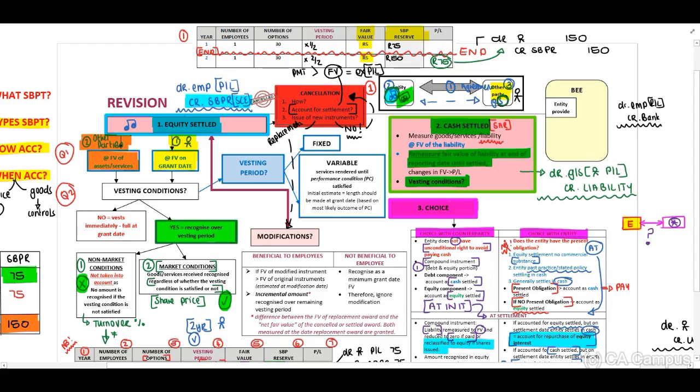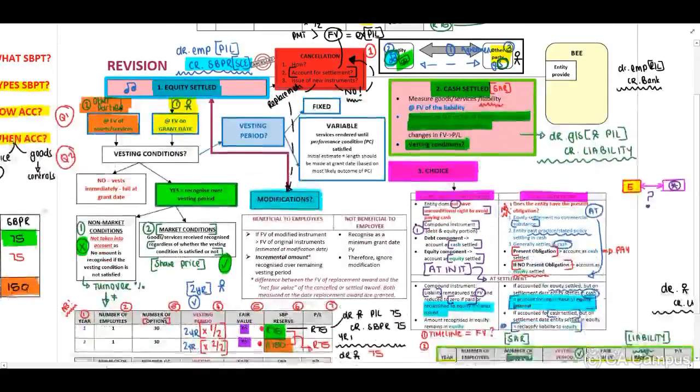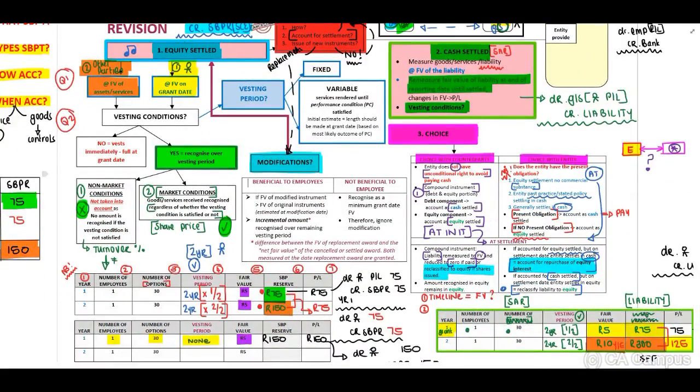Now I want you to please refer to the modifications, which form part of our equity settled transaction. Again, this light blue box in the middle of your screen. Modifications can either be beneficial to employees or not beneficial.